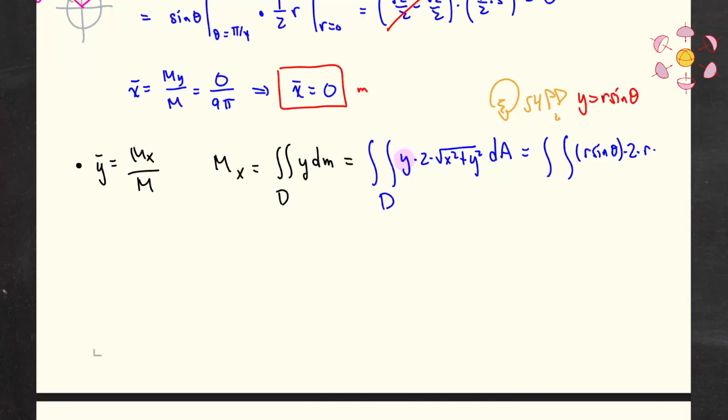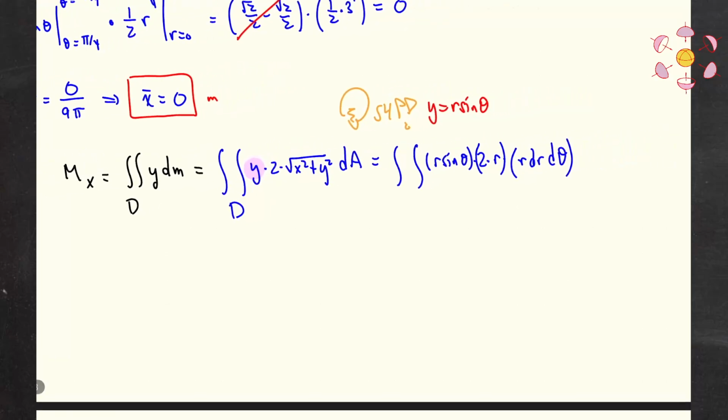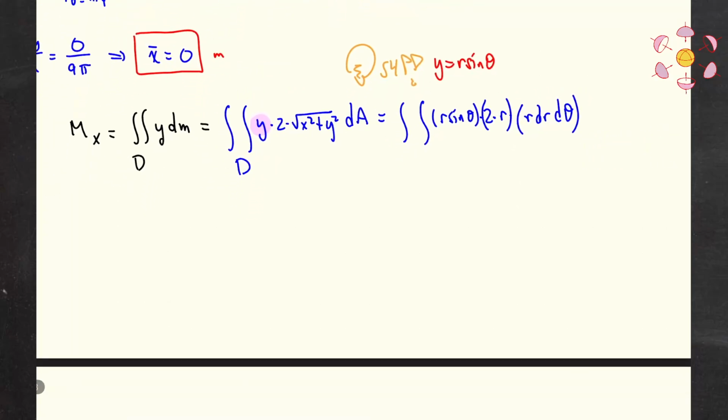We've done that twice now. That's just 2r. And now our dA is, again, I like putting parentheses here to remind me where pieces match, r dr d theta. I don't need to worry too much about the order, we've already done that thinking a couple times now, where 0 to 3 is r on the inside, and then pi over 4 to 3 pi over 4 on the outside.